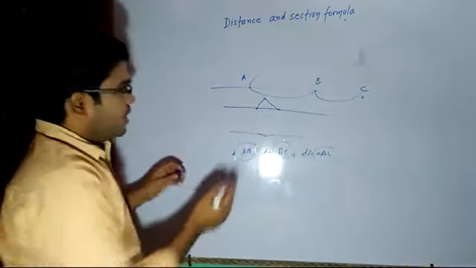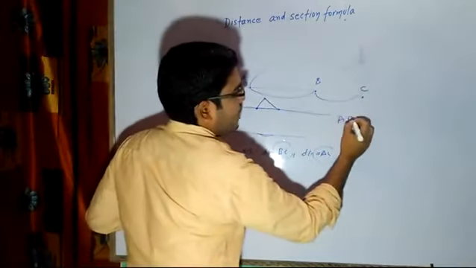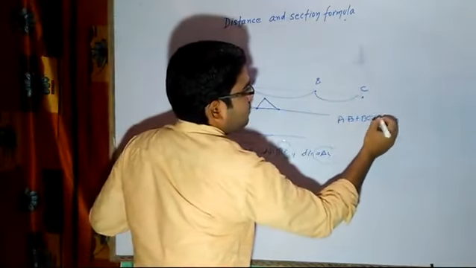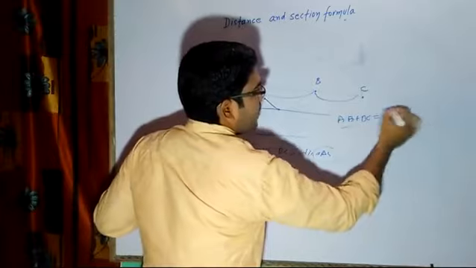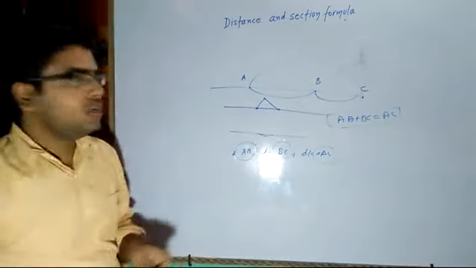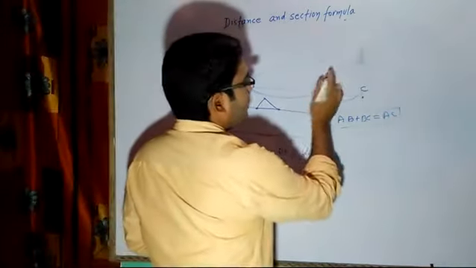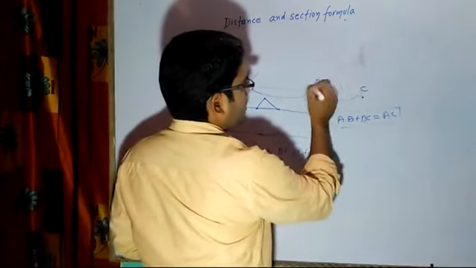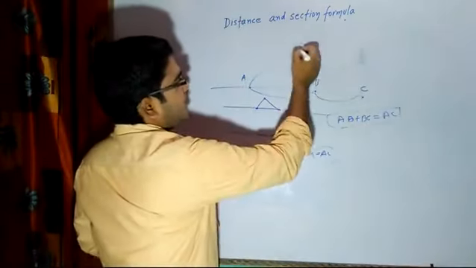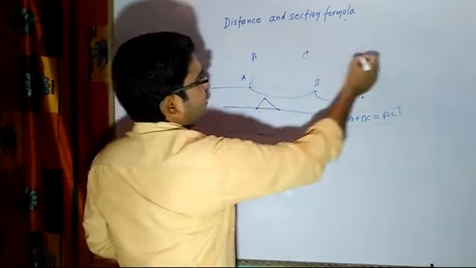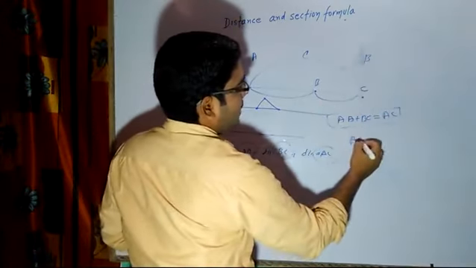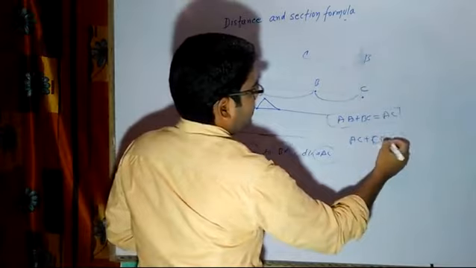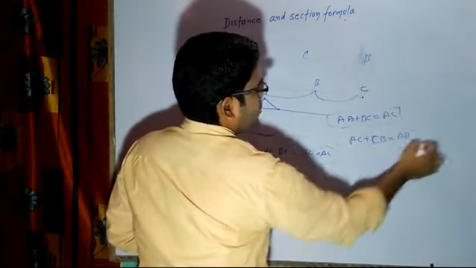Now, if AB plus BC is equal to AC, then we can say that the 3 points are collinear. Or I may not be having B here. I can be having C here, here A, here B. Then we have to find AC plus CB should be equal to AB. This case also can come.